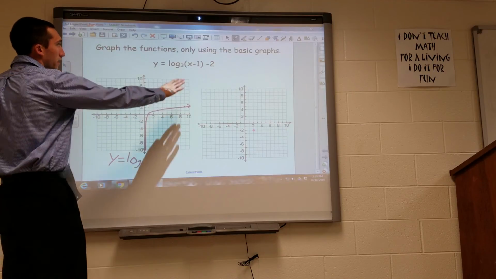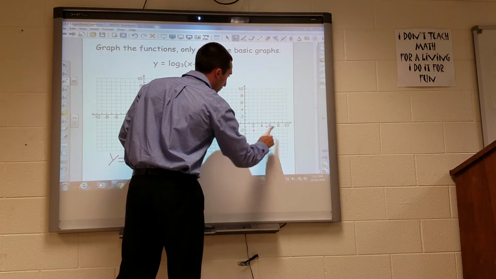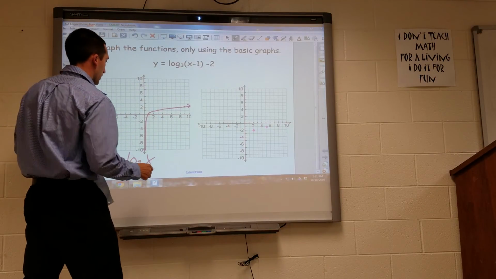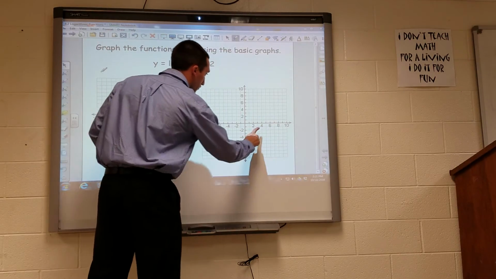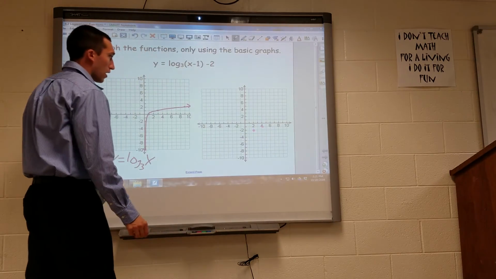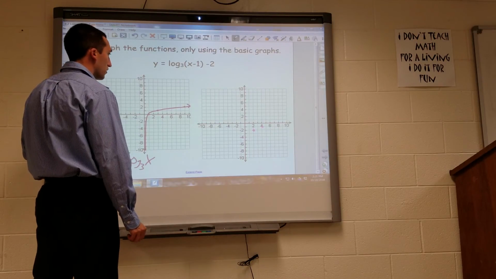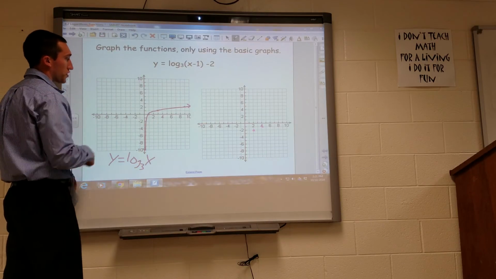And then, since it's log base 3, I go up 1 over 3, just like I did here, up 1. Sorry, that should go through, at 4, it should be at -1. It went up 1 over 2 here, because at 3 it should equal 1.